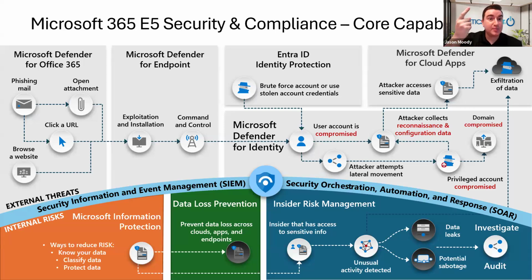Either A, they hopped on a VPN that's in California, which is not very likely, but it does happen sometimes. Or B, there's malicious activity happening with one of those sign-ins. That's what Entra ID Protection can help signal against. It's saying, hey, this account signed into the cloud in these two areas that are nowhere close to each other. That's an impossible travel. You should look into this, right? That's the type of alerts it'll give you.